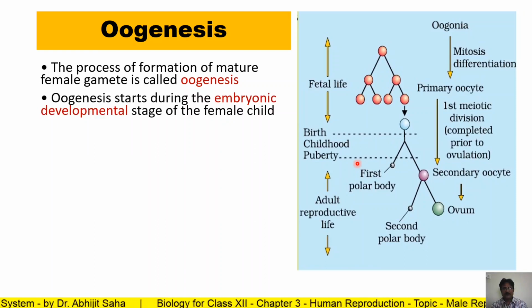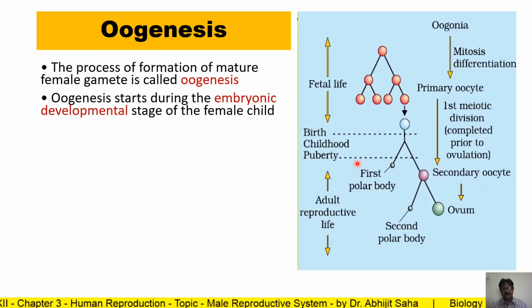Here we find a great difference between oogenesis and spermatogenesis. Spermatogenesis starts at puberty, whereas oogenesis starts when the female child has not taken birth or is still in the mother's womb.